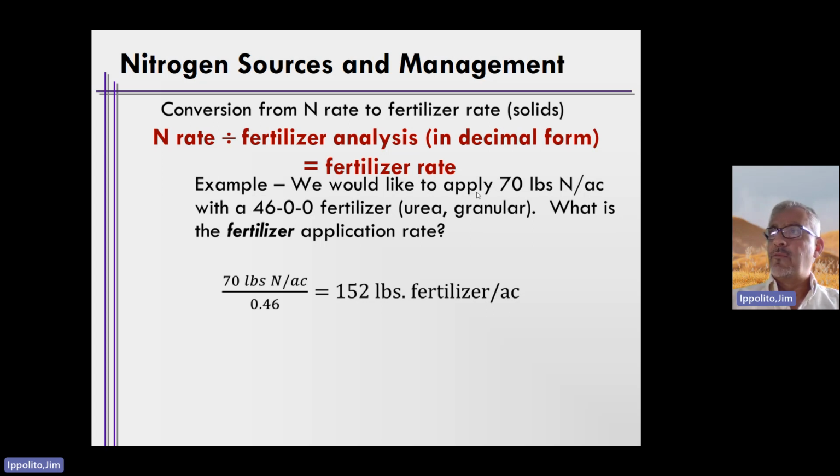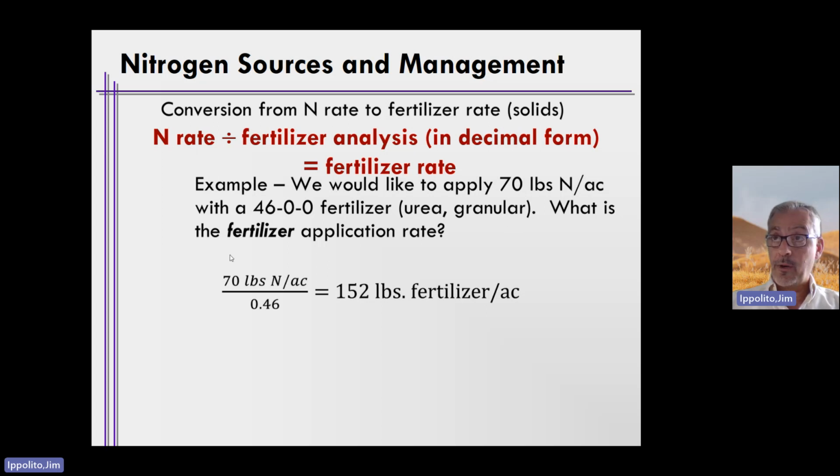So we want to apply 70 pounds of nitrogen per acre, but in order to apply this, we are going to use 46-0-0. All right, that's urea. So what is the actual fertilizer application rate to equal 70 pounds of just nitrogen? So we use this simple equation. We use the nitrogen rate divided by the fertilizer analysis in decimal form.